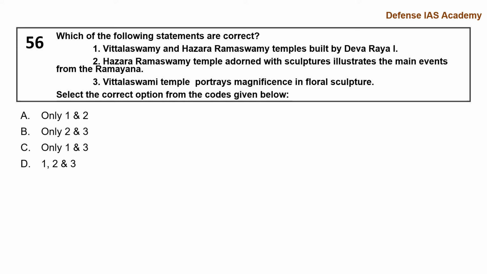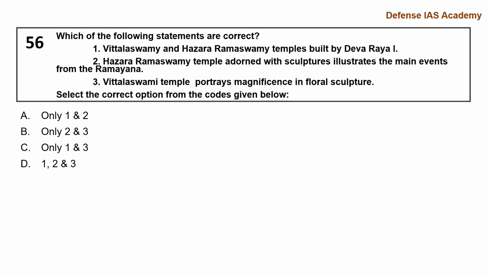Question 56. Which of the following statements are correct? 1. Vithalaswamy and Hazara Ramaswamy temples were built by Devaraya I. 2. Hazara Ramaswamy temple, adorned with sculptures, illustrates the main events from the Ramayana. And 3. Vithalaswamy temple portrays magnificence in floral sculpture.